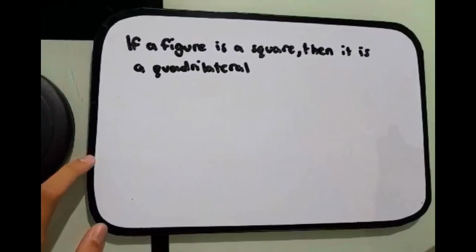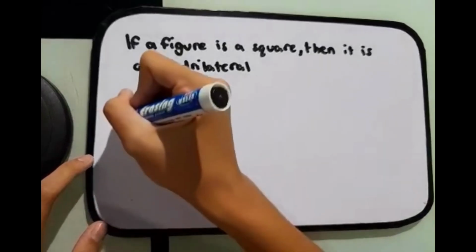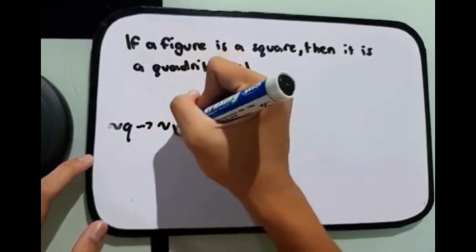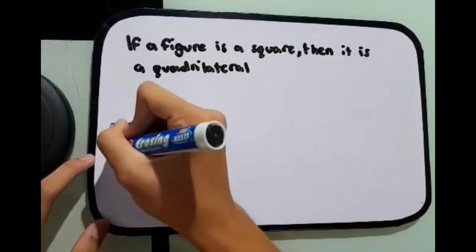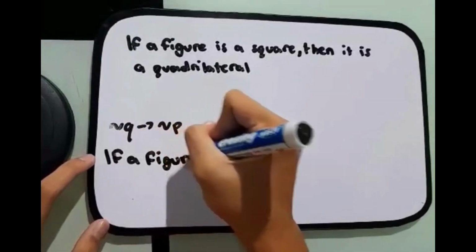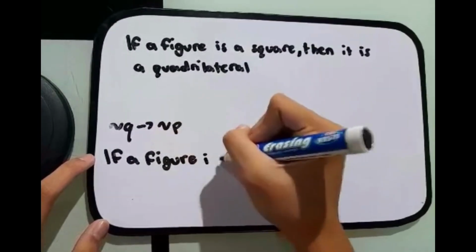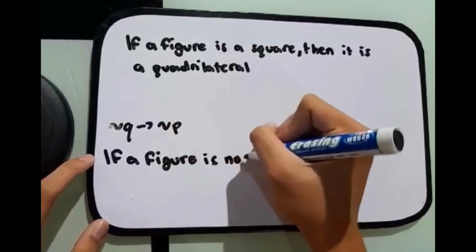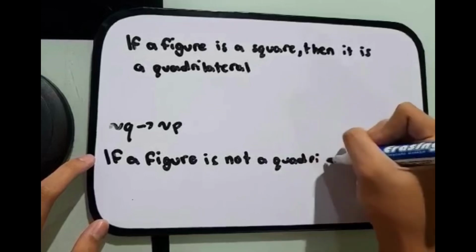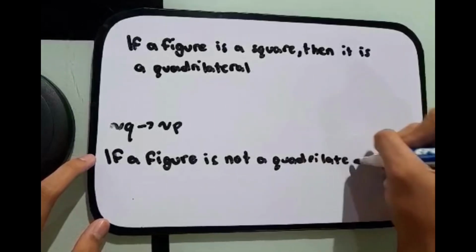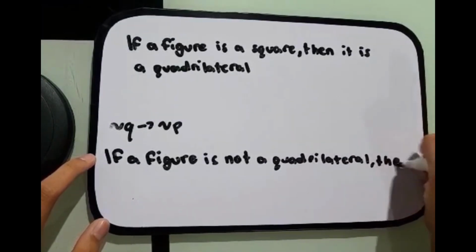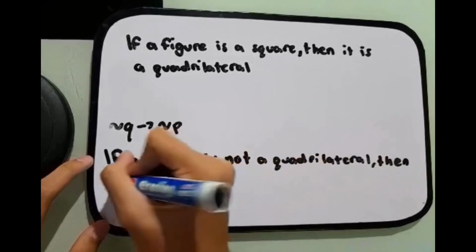Let's turn this into contrapositive statement. If not Q, then not P. If a figure is not a quadrilateral, then it is not a square.